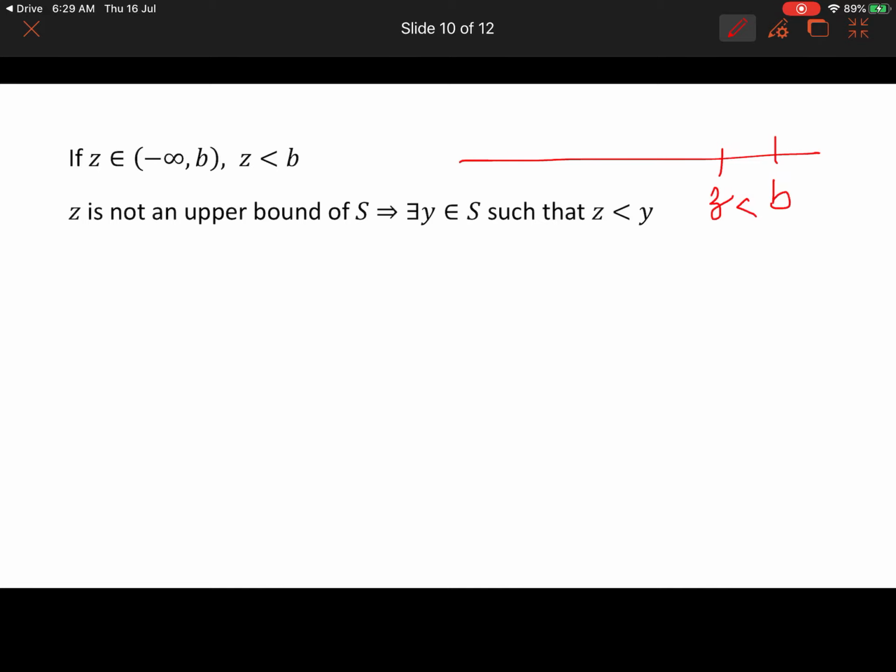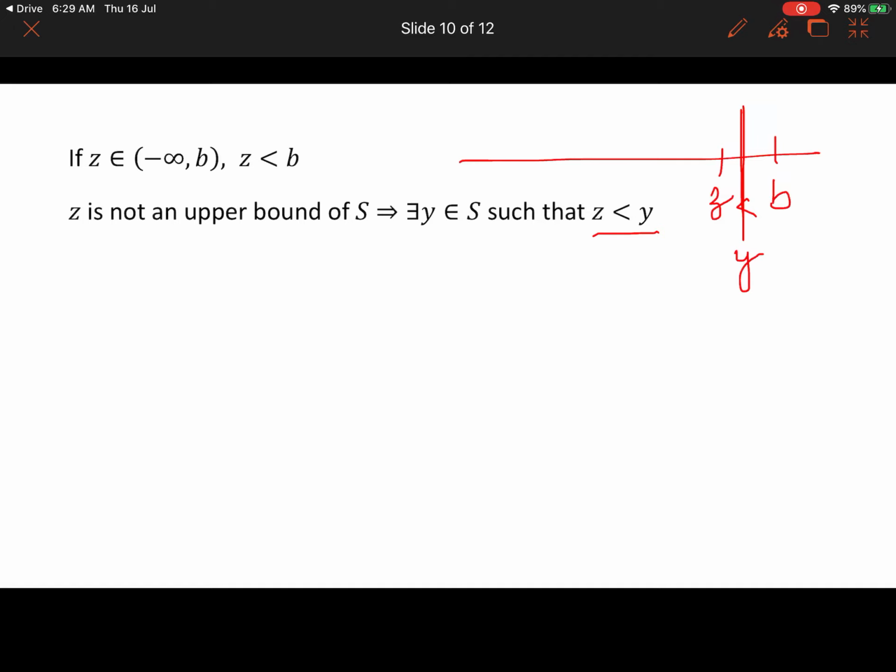Here z is less than B. So is z an upper bound? No, because B is the least such upper bound. So since z is less than B, z is not an upper bound of S. Means there is somebody in S greater than z. I will call this y. So there exists some y in S such that z is less than y.